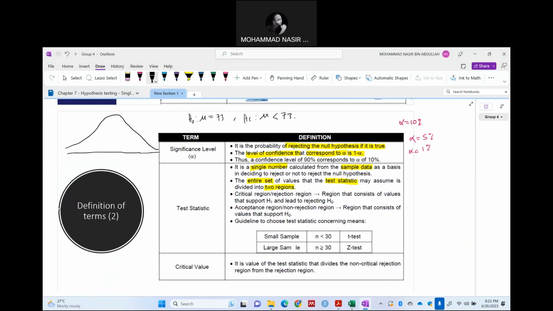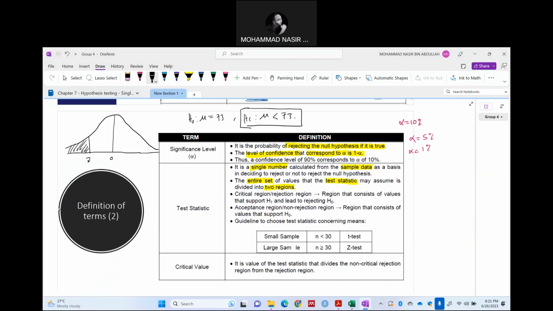So this is my claim, should be in alternative hypothesis, right? The null hypothesis is the opposite of alternative hypothesis, which is mu is equal to or more than 73. Since the alternative hypothesis is less than, the area that we are looking at is to the left.